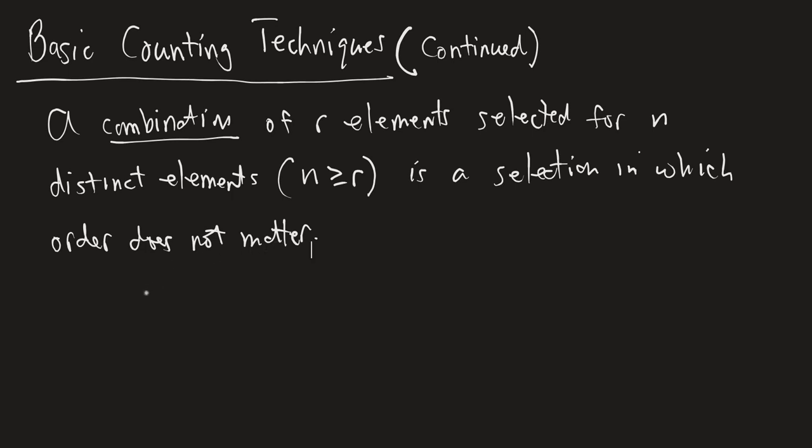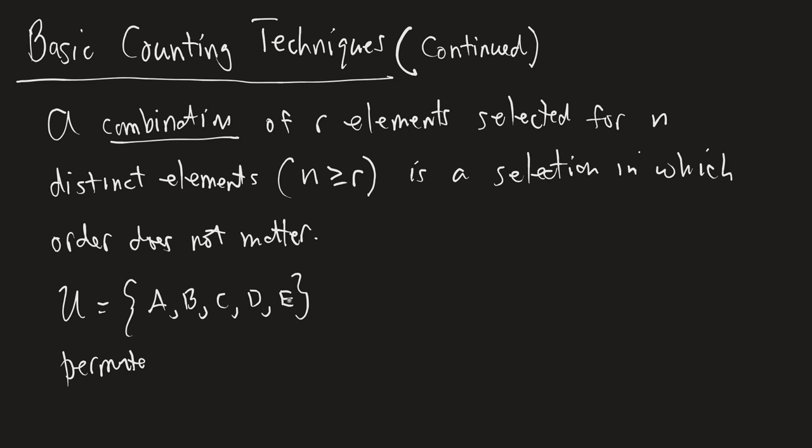Now, previously, we talked about a permutation. Let's say we use this as our universal set: A, B, C, D, E. If we want to permute 3 of these 5 elements, what are some examples?